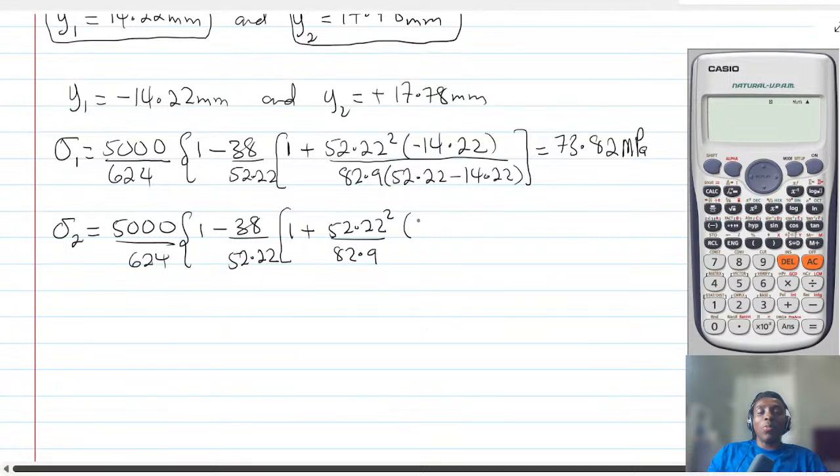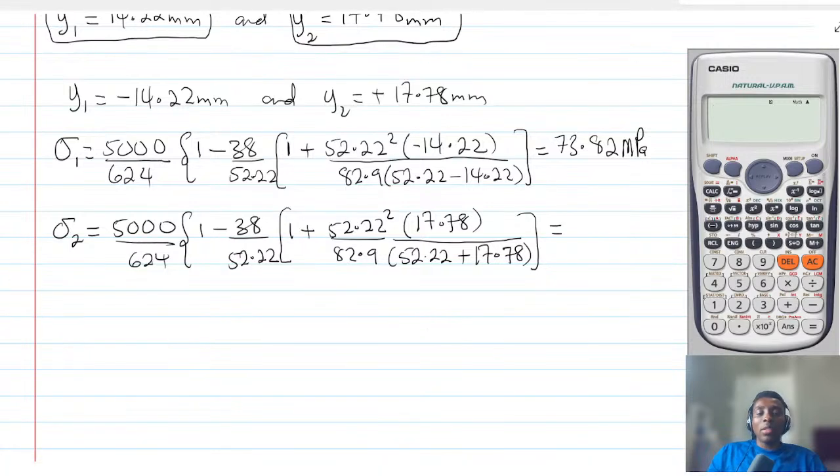But this time round, it's going to be plus 17.78 divided by 52.22 plus 17.78. And then if you do everything correct, you should get somewhere minus 46.58 megapascal.